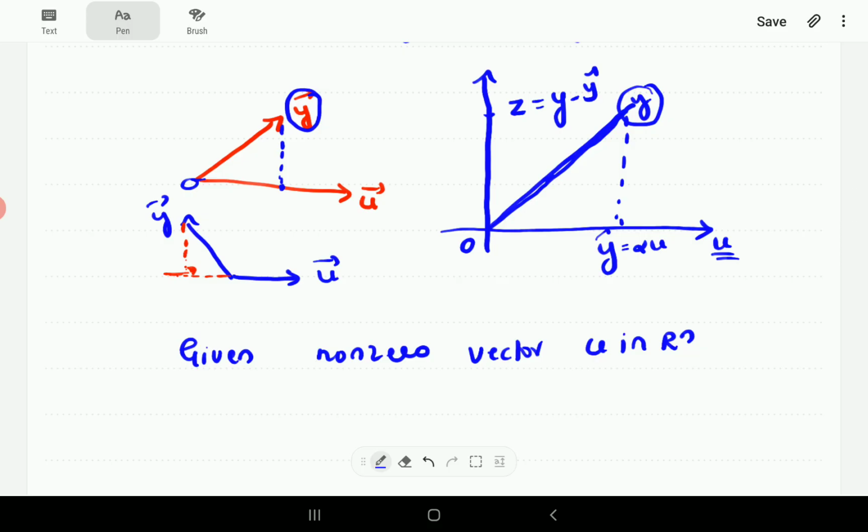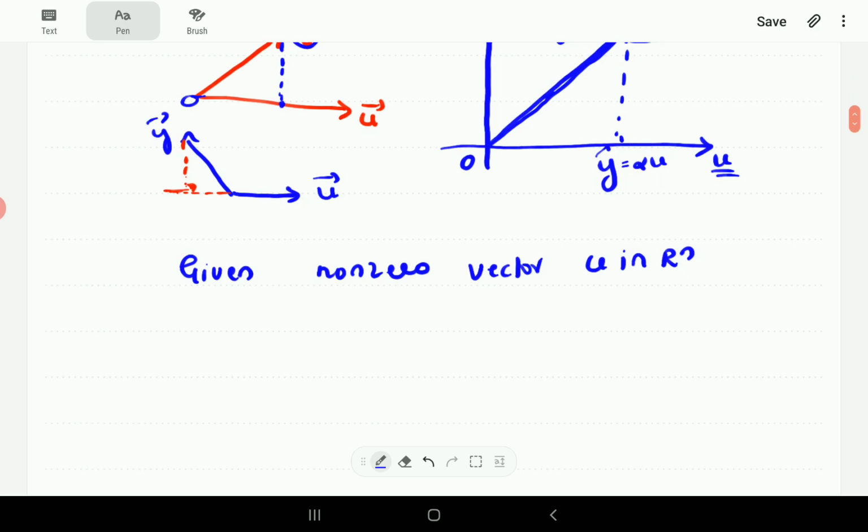That is actually orthogonal decomposition. We are decomposing the given vector y into the sum of two vectors, where u is given.